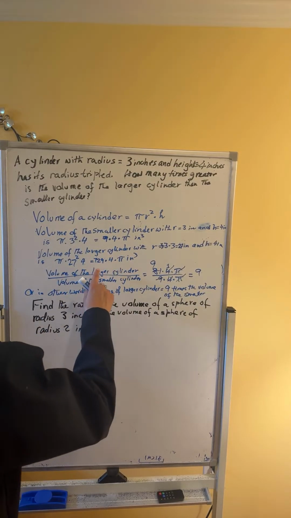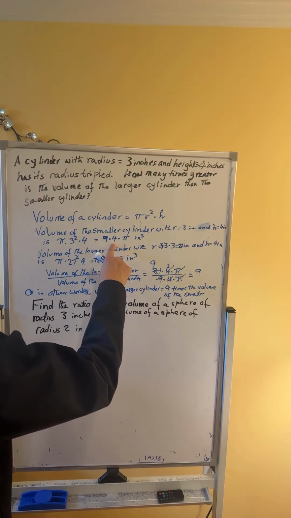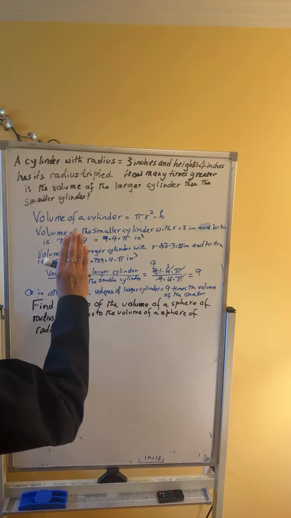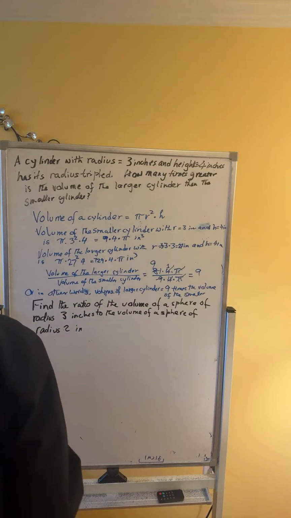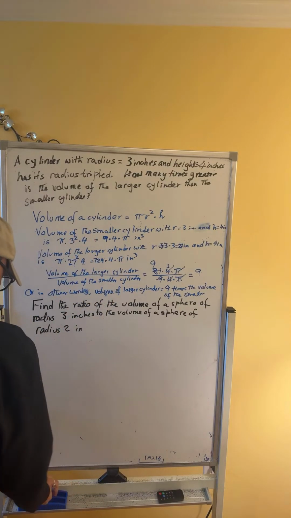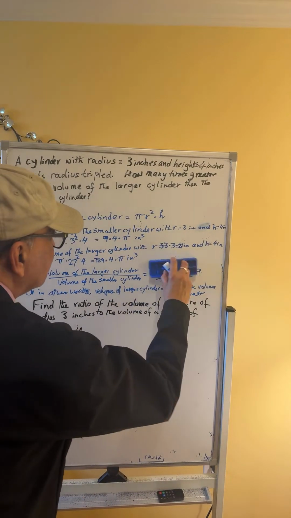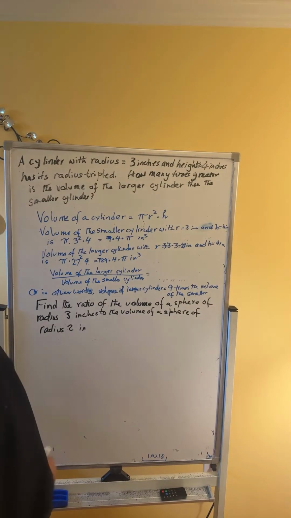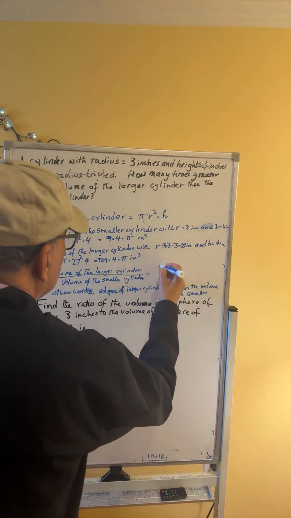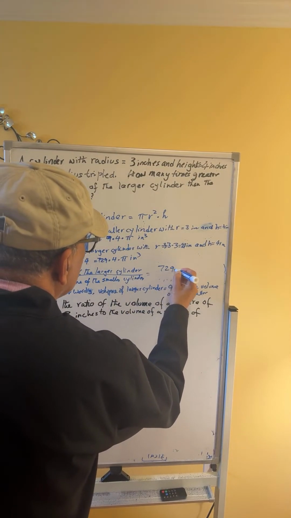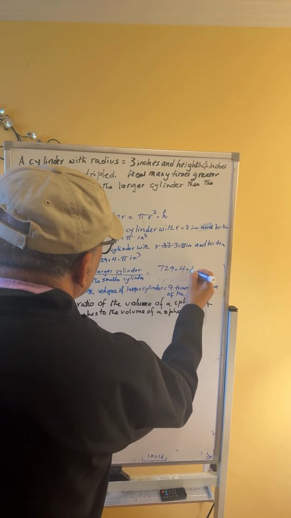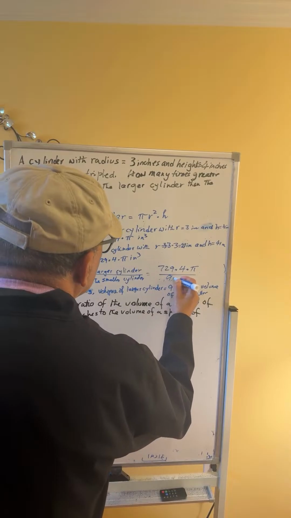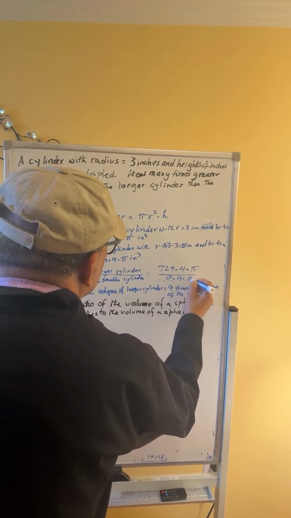The reason is the smaller cylinder also has the same height, so their heights are the same. So we will leave it like this and make the small correction here. Since the radius is tripled, it's 9 cubed. So volume of the larger cylinder is 729 multiplied by 4 multiplied by pi, and smaller cylinder is 9 multiplied by 4 multiplied by pi.